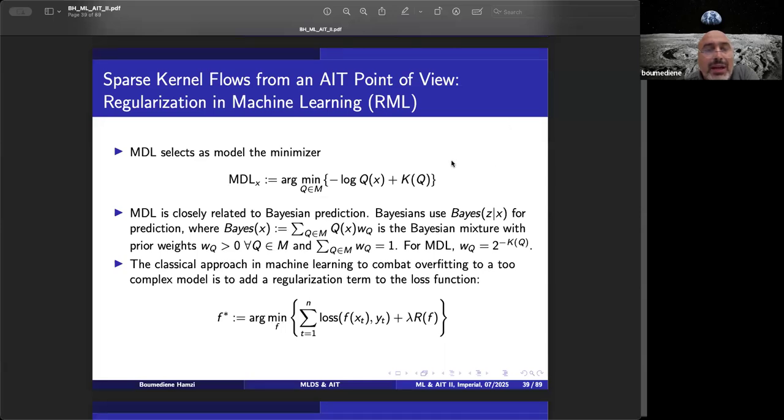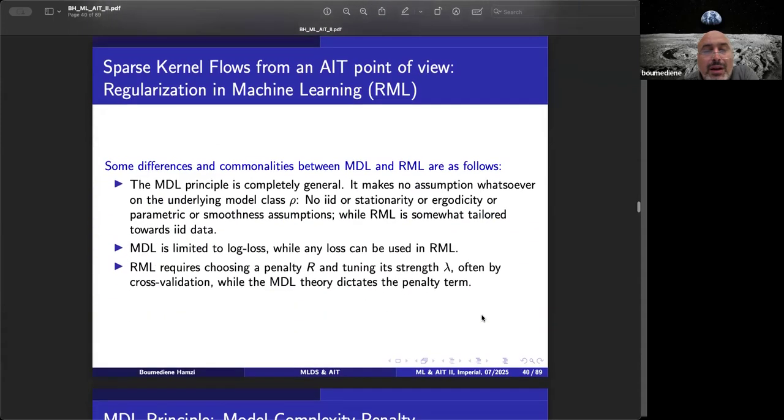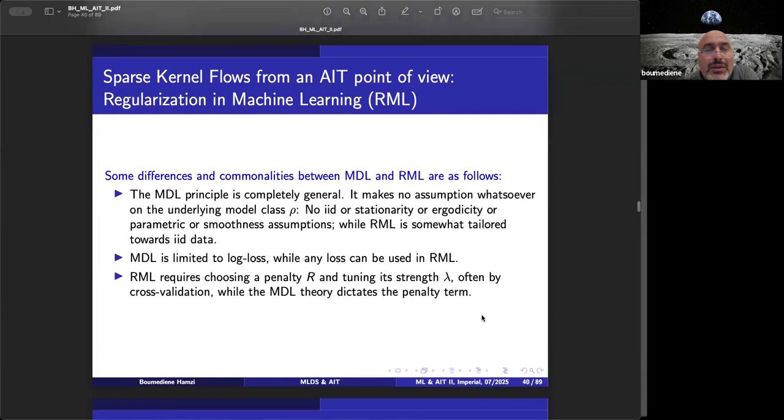MDL selects the model where the loss has to be log loss, but the regularizer is fixed and determined by the Kolmogorov complexity, while in machine learning the loss can be anything, and then the regularizer is fixed, like lambda times R(f).